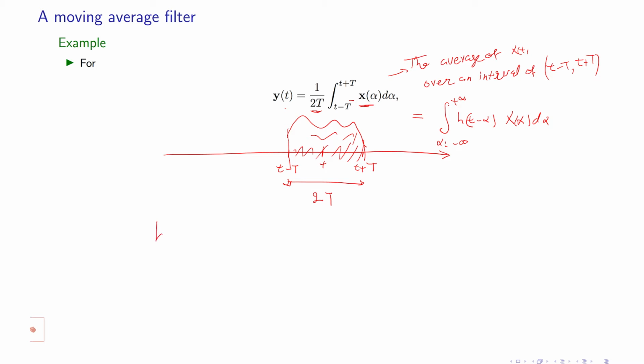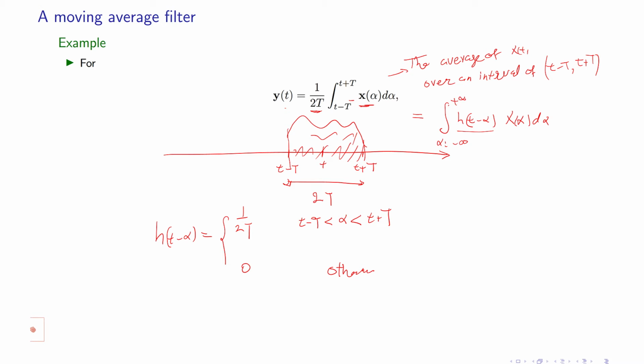So h of t minus alpha shall be equal to 1 over 2T if alpha is between t minus T and t plus T, and 0 otherwise.